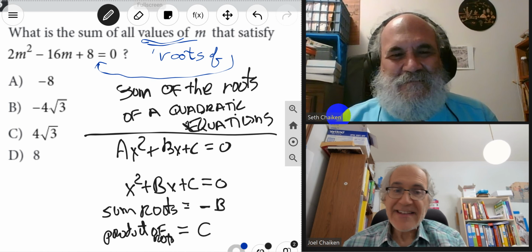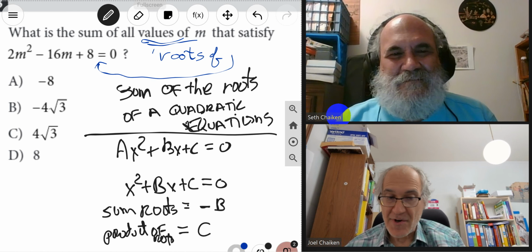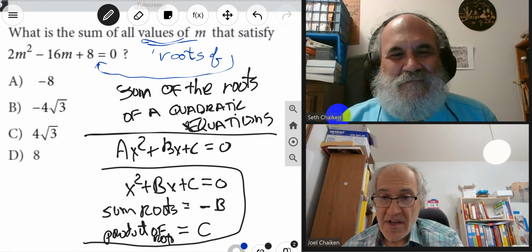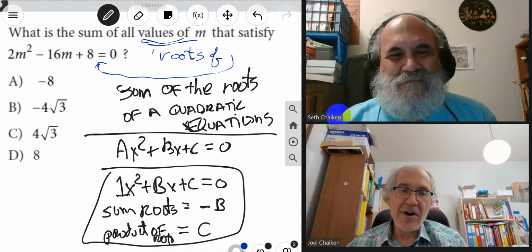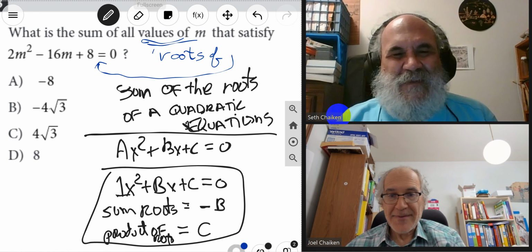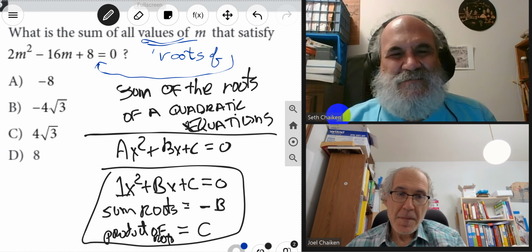That's the way I remember it. I don't like to remember the version with a. I hate memorizing formulas, so I memorize the simplest, most basic ones. This has to be a leading one, and in our case it's not hard to make that a leading one. I don't remember the formula with the leading a, it's probably something over a, but I'm only going to remember this one because it's easier and simpler.